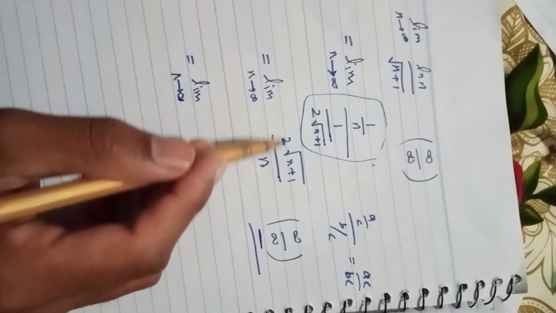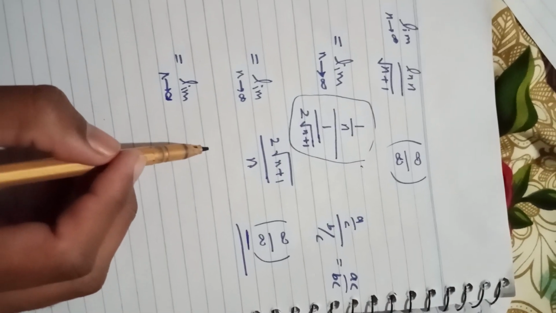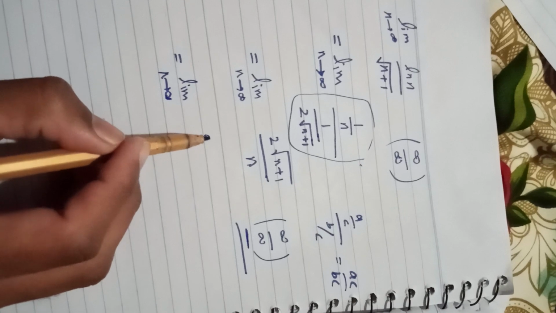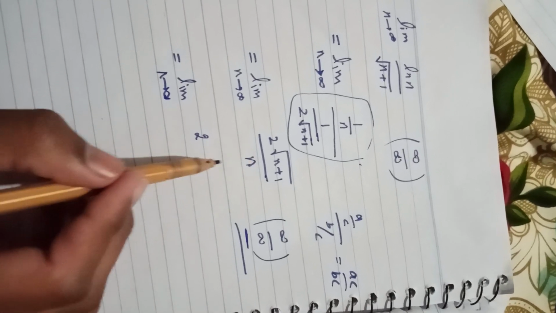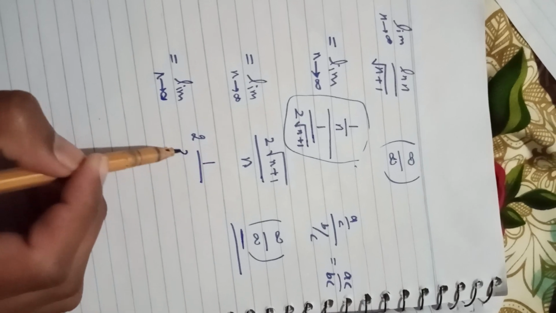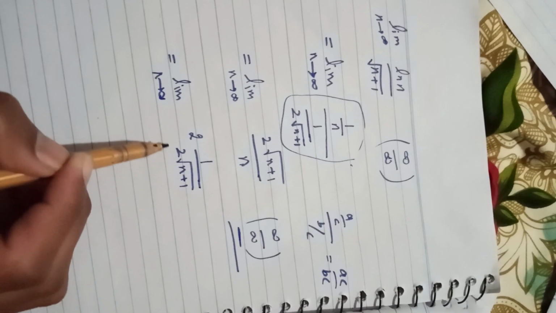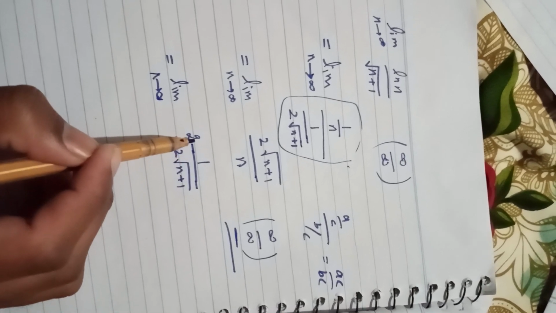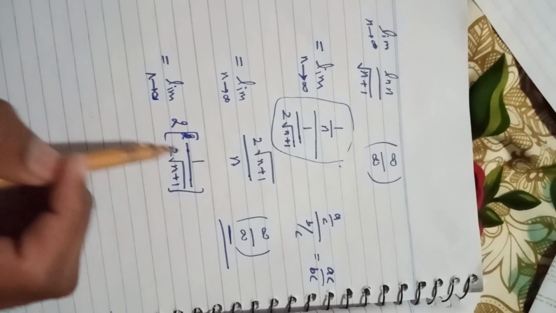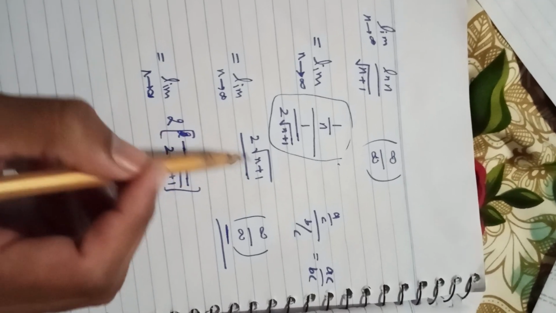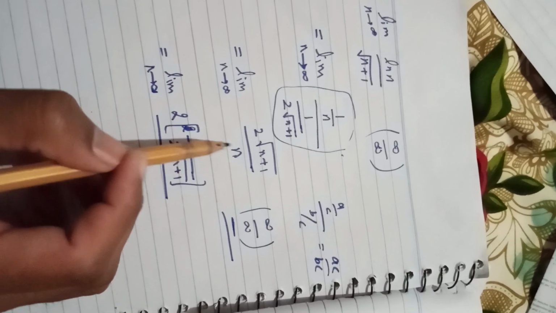So what is the derivative of 2 times square root of n plus 1? 2 remains the same, and the derivative of square root of n plus 1 will be 1 over 2 square root of n plus 1. In the denominator, we have n.